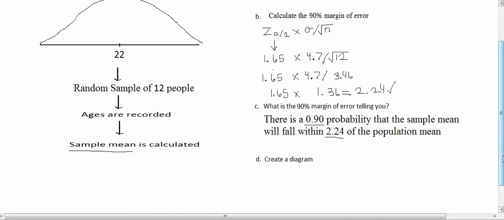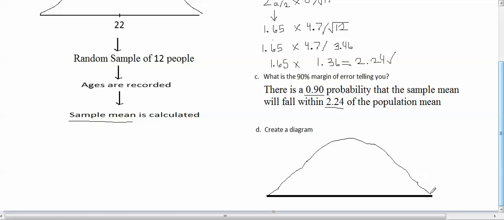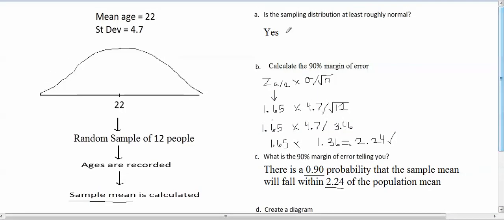Now I just need to create a diagram. We know that the sampling distribution is normal, so I'll make a normal distribution. So I'm creating a diagram of the sampling distribution. The population mean is at the center. In this question, the population mean is 22.